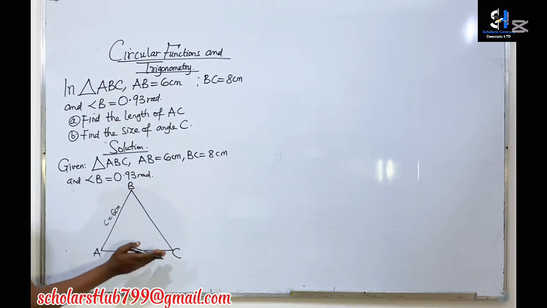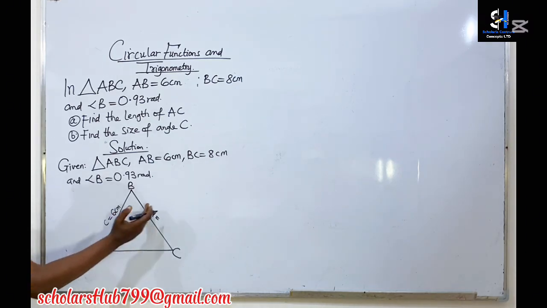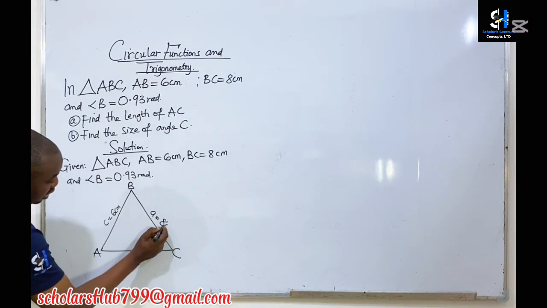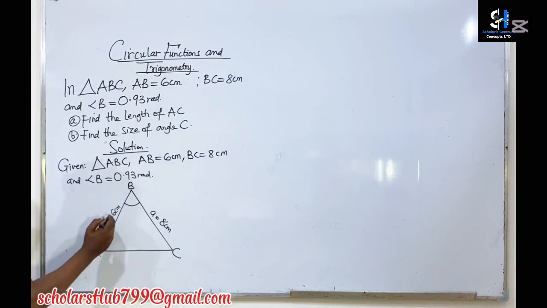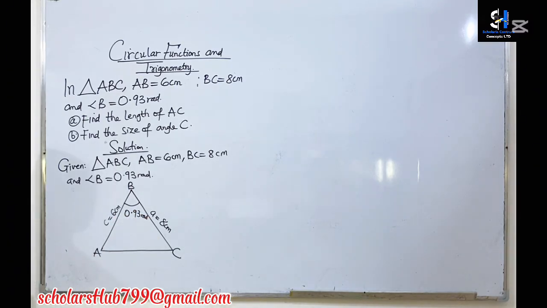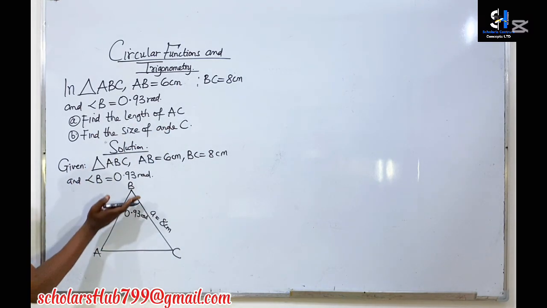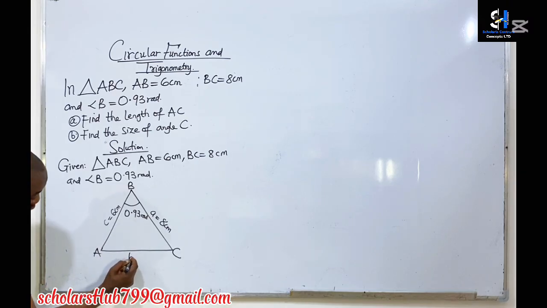Then BC is lowercase a, because BC is the side opposite A, and that's 8 centimeters. Now the angular measure at B is 0.93 rad, radians. We are asked to find the length of AC. AC is the side opposite angle 0.93 rad, and that will be represented with lowercase b.